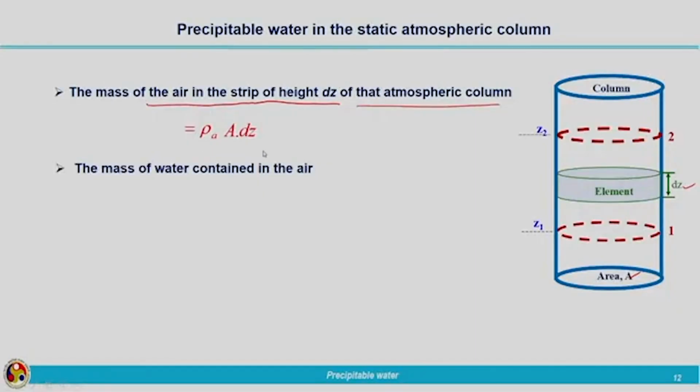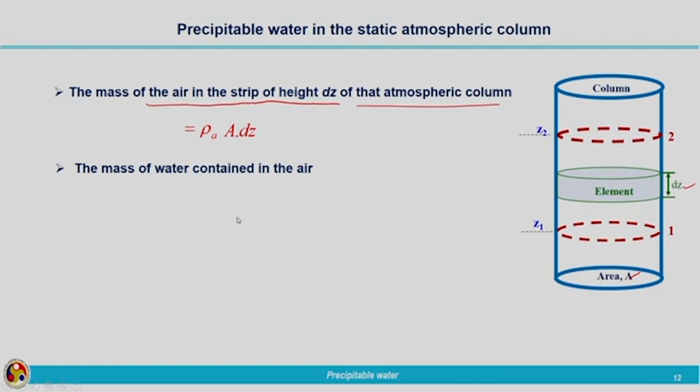So, we are having the mass of the moist air, that is rho A into A dz. If we multiply specific humidity with this expression, we will get the mass of the moisture present in that particular strip.